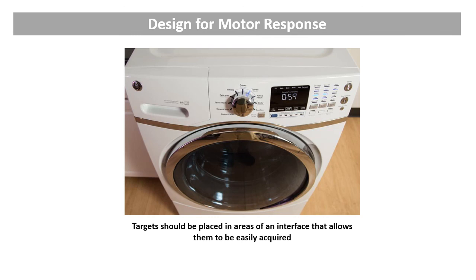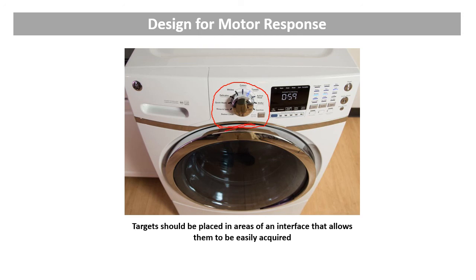So the idea of Fitts law can also be extrapolated to physical interfaces, and in this image, as you can see, this is a model of a washing machine by GE, and this is one of the primary controls of this machine.